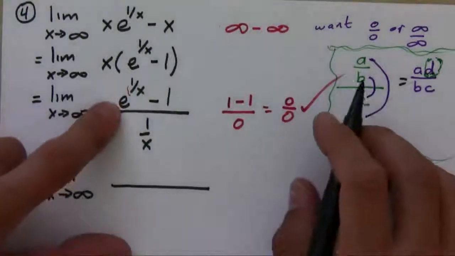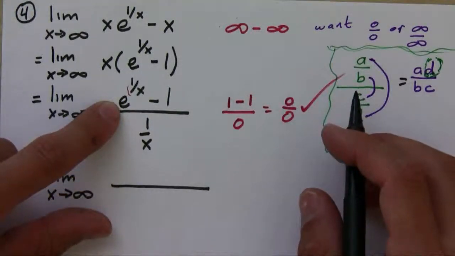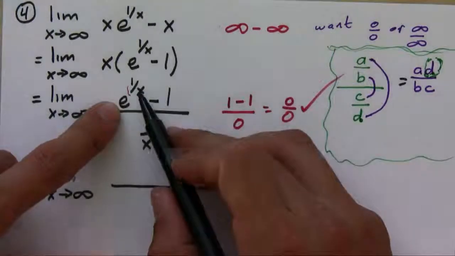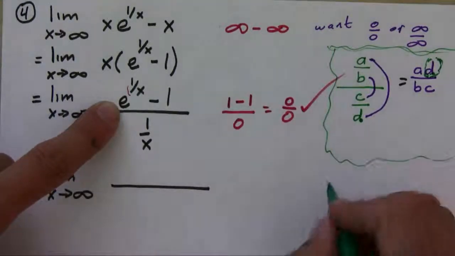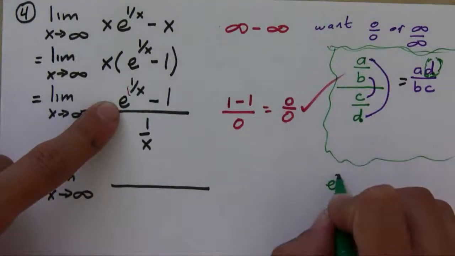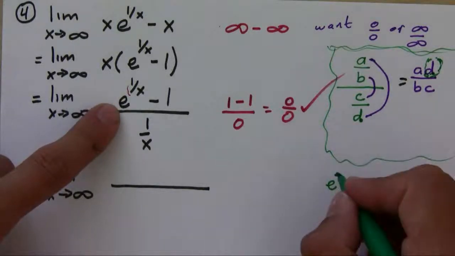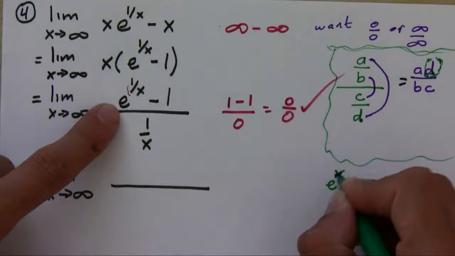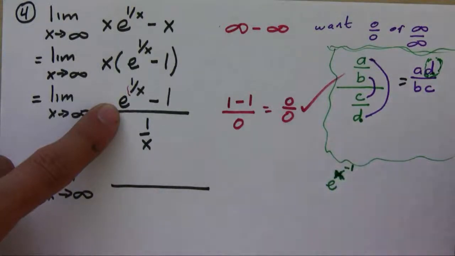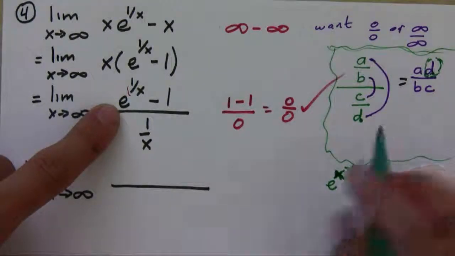So then we get the derivative of the top. The derivative of e to the 1 over x. Well, let's think of it as e to the x to the negative 1, because that's what it is, right?